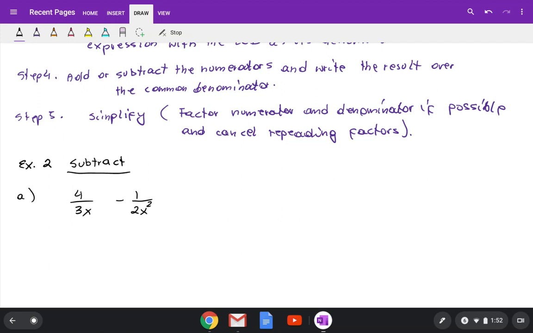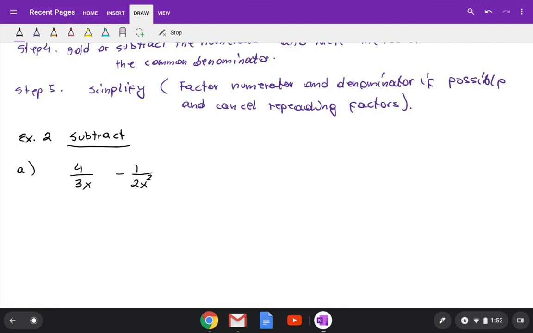Okay, so like you see, right now I cannot just subtract numerators because we don't have common denominator. So I follow steps which I just gave you. So step 1 was factor each denominator.